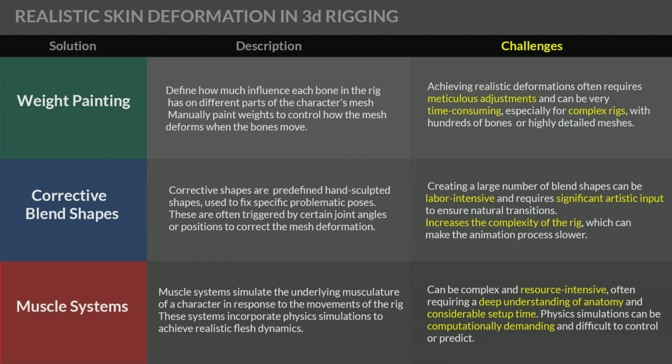Muscle systems are, let's say, the most realistic one, but they are hard to build. They require a deep understanding of anatomy. Their good part is that they show subtle movements, like the muscle running under the skin or bulging, and of course might be the best solution for high-end productions.